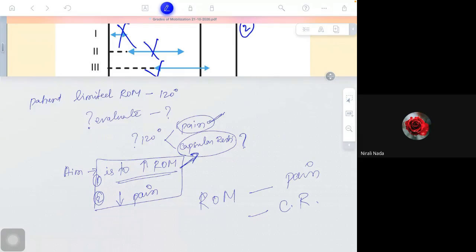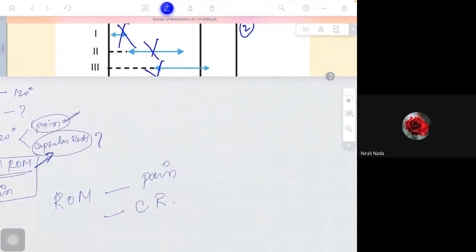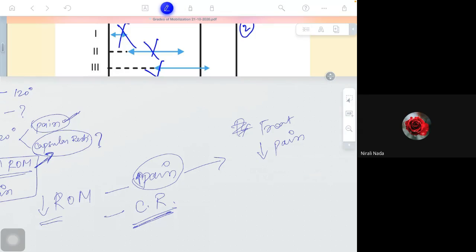Clear? If pain is the reason for limited range of motion, then what will be your treatment? Your treatment is to reduce pain. If capsule is the reason for reduced range of motion, then what you will do?